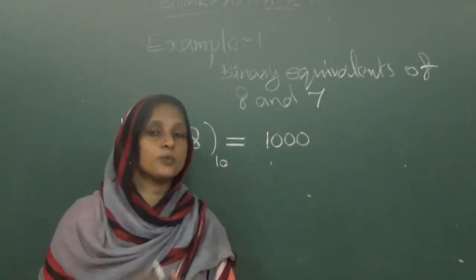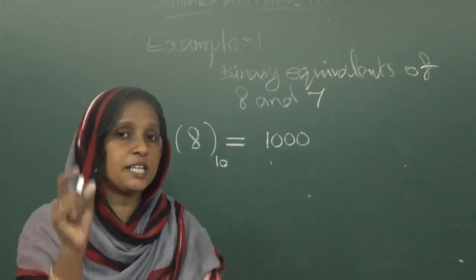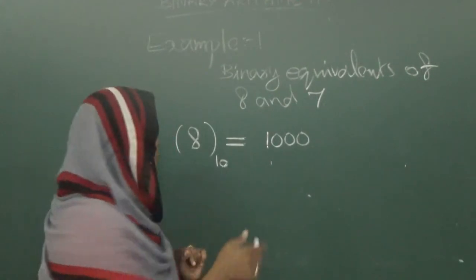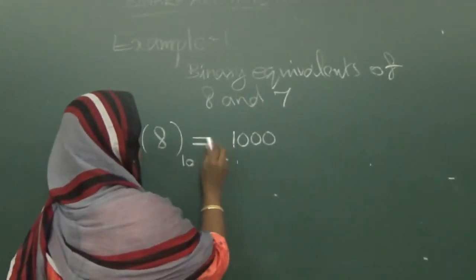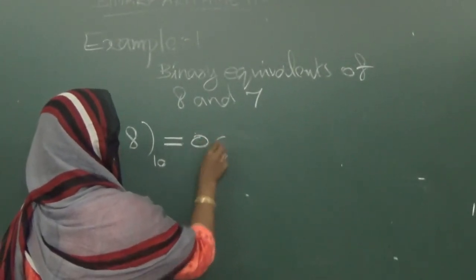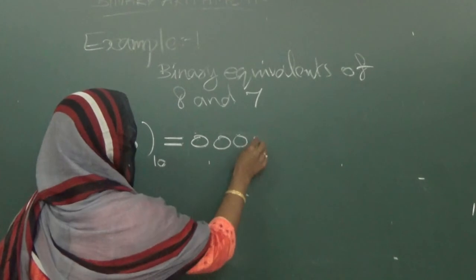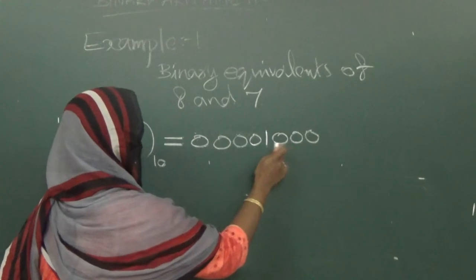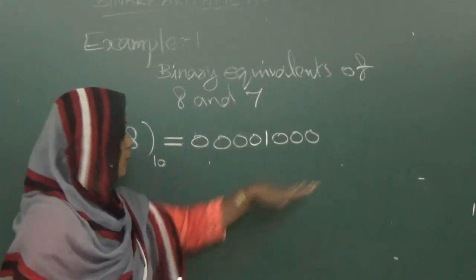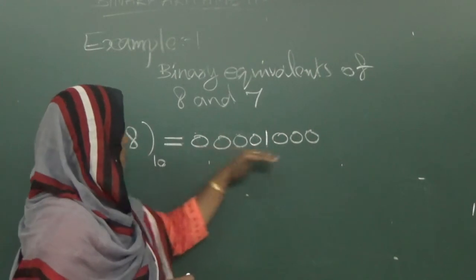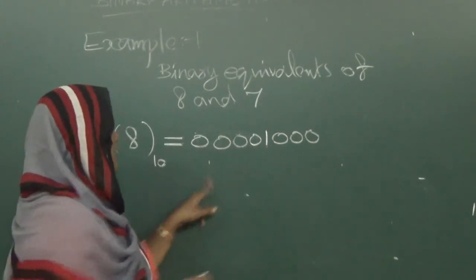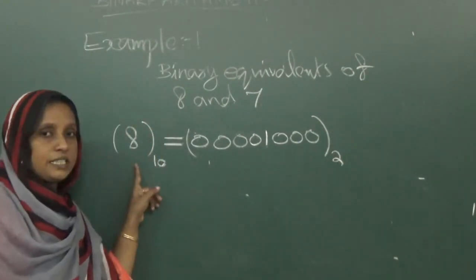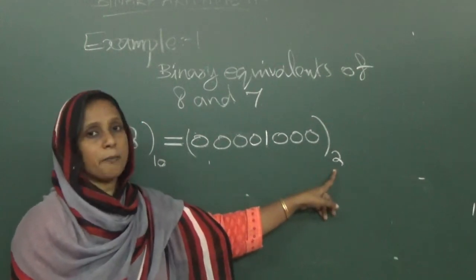But we already assumed that our register is an 8-bit register. So we have to fill 8 bits, by writing zeros here. 4 zeros, then 1, 0, 0, 0. 1, 2, 3, 4, 5, 6, 7, 8. So 8 bits are there. This represents binary 8. So decimal 8 is equivalent to this binary number.